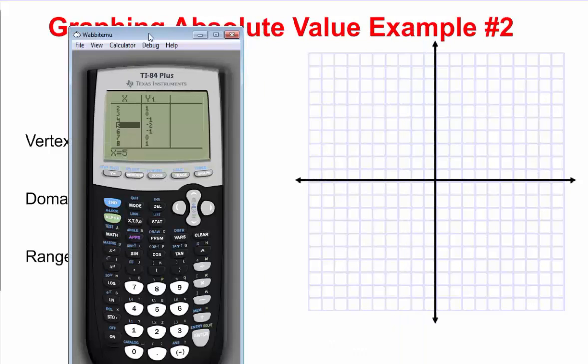Now let's graph that. Over 5 and down negative 2. Let's graph some other points. So 4, negative 1, 3, 0, 2, 1. Whoops, that's supposed to be right there. And then if I go up one more, I'm at 1, 2.